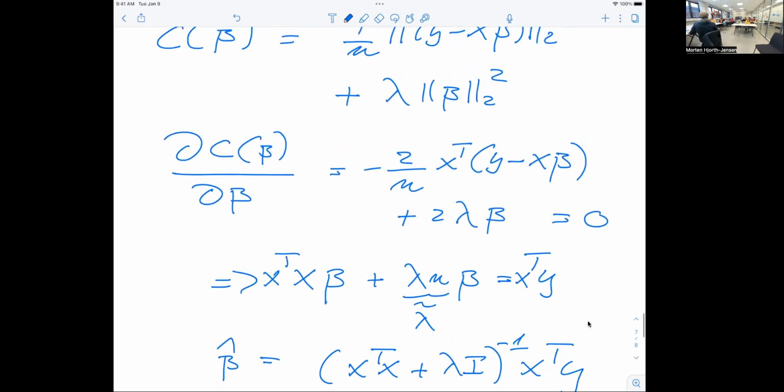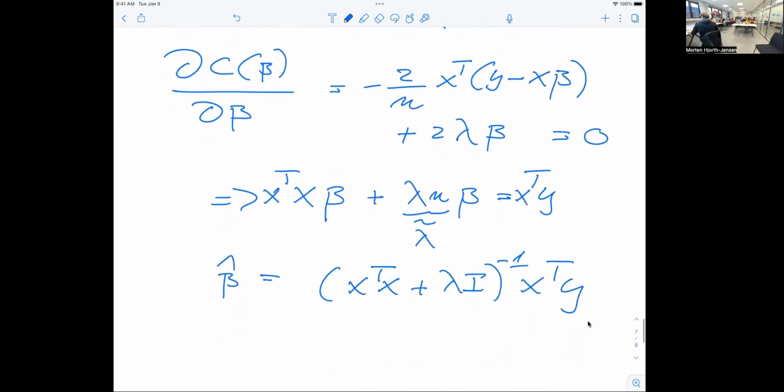So if I define a new cost function which has an additional parameter I can tune, then this additional cost function allows me to actually invert the matrix without any problems. So this matrix that you see here is invertible.